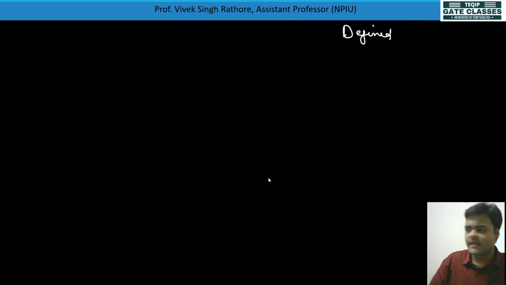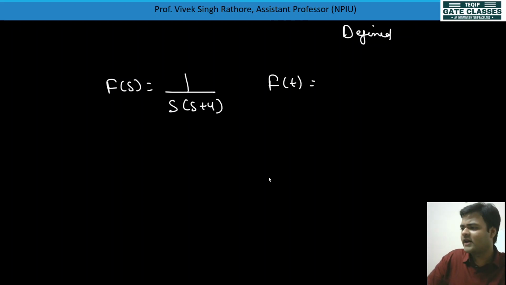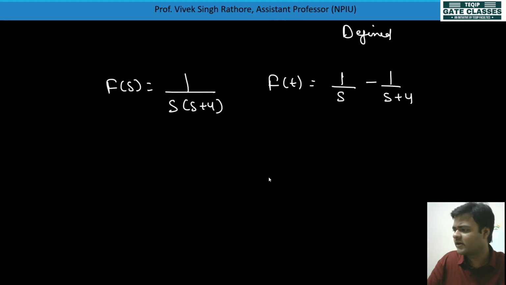Now if I tell you F of s is equal to 1 by s into s plus 4. Then f of t, using partial fractions, is nothing but 1 by s minus 1 by s plus 4. For easiness we will do one, then nothing will happen.